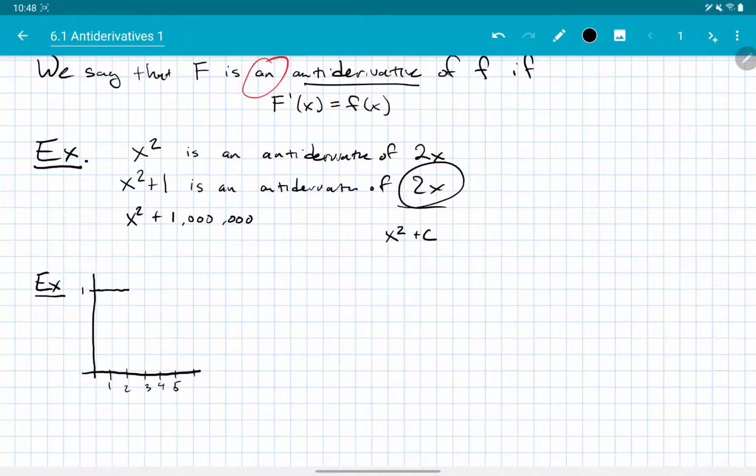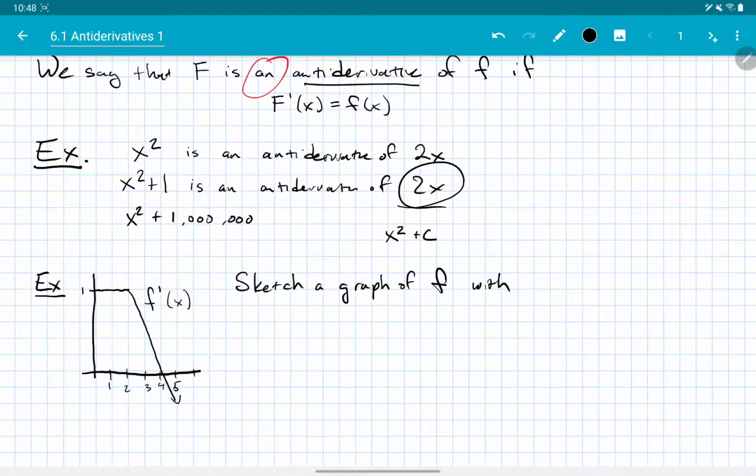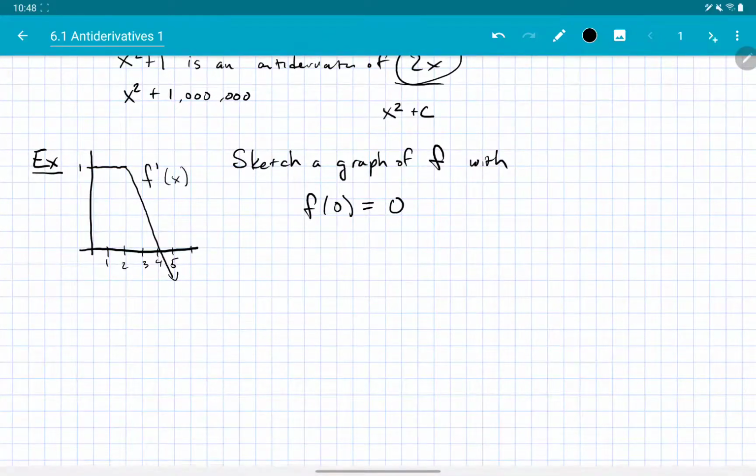It's going to be equal to 1 from 0 to 2, and then it's going to go down like this. This is going to be my function f prime of x. So we're just going to go from a picture here. Now we want to sketch a graph of the function f with f of 0 equaling 0. So f is supposed to be a function whose derivative is f prime.